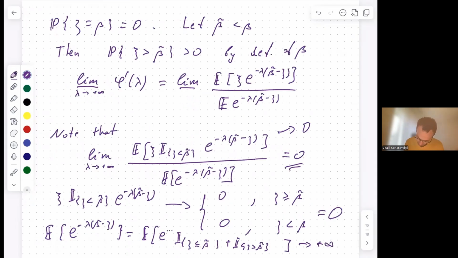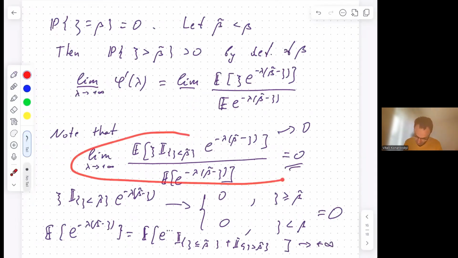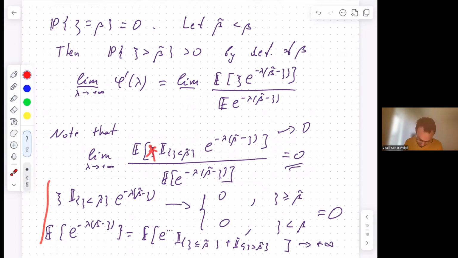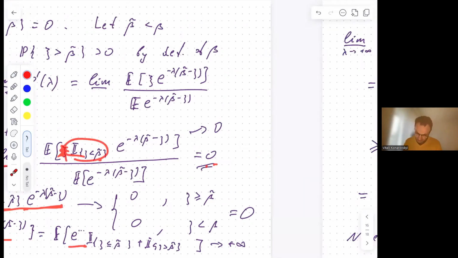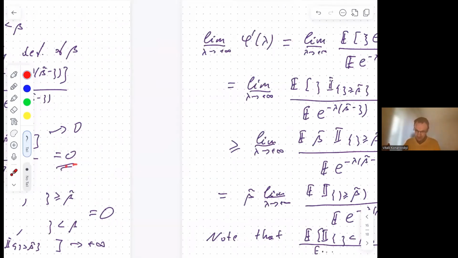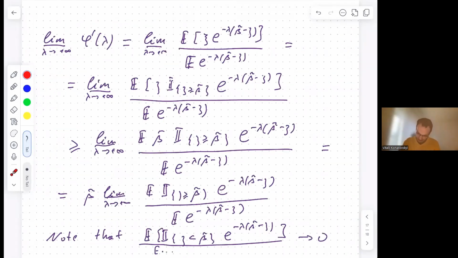You just need to take into account the same explanation, but now you need to remove ξ, and you can apply the same argument to see that this limit without ξ also goes to 0. When you put the indicator here, the same reason as before: when we remove one indicator, we can add that indicator.